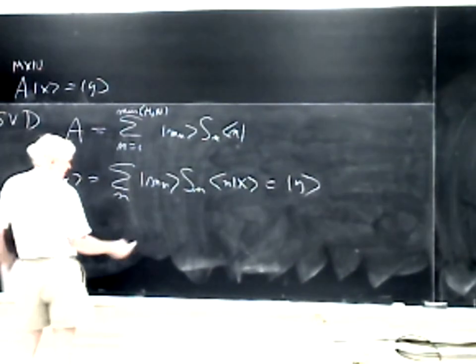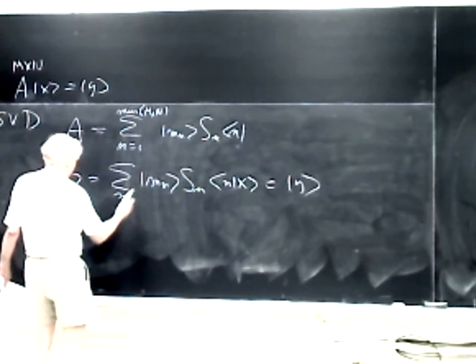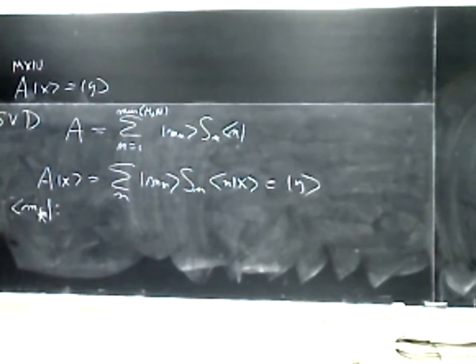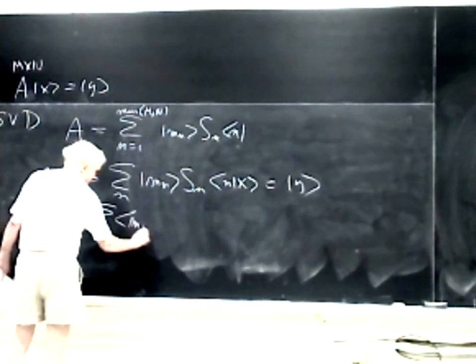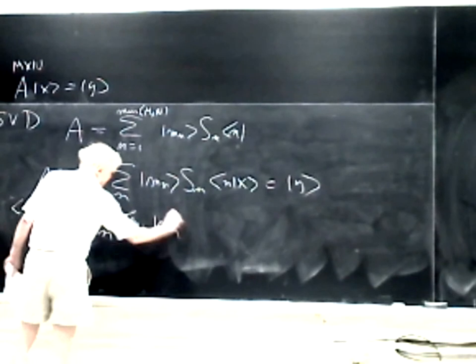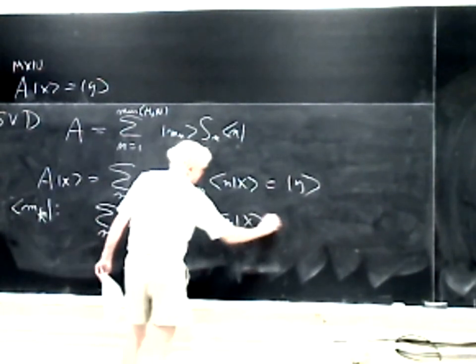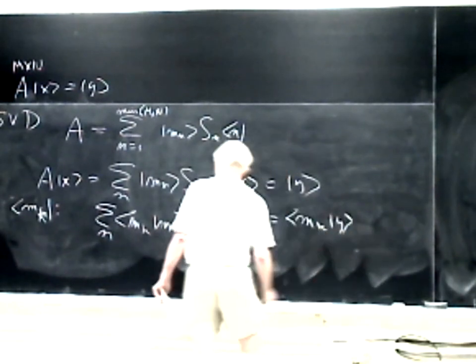Okay. These vectors are orthonormal, and so taking the inner product with m sub n from the left, or let us say m sub k, to be perfectly general, we have a sum over n of m sub k, m sub n, s n, and x equals m sub k, y.